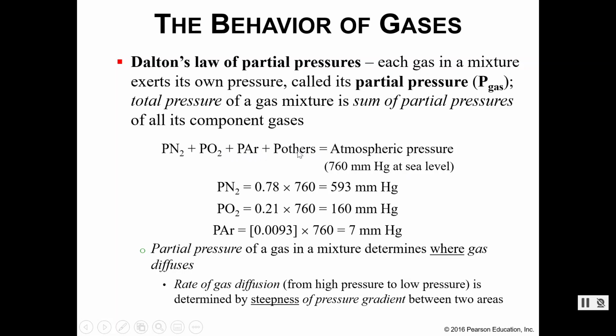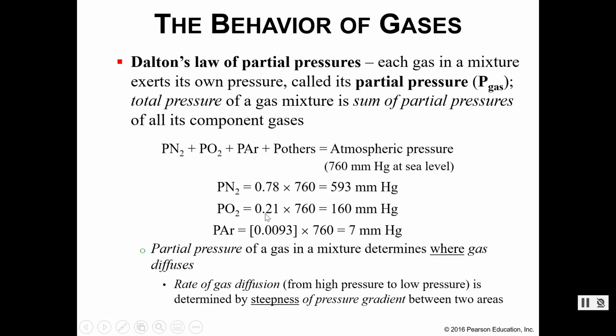There are a few others, but it's such a small percentage that they just kind of get left out here. By and large, the majority of the air that we breathe in is actually nitrogen. It's about 78% nitrogen. Oxygen makes up about 21% by volume, and then argon is not even a full percent. Again, we've got other gases and things in there as well.